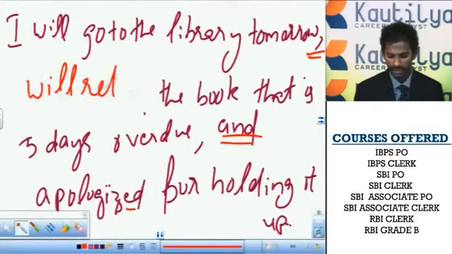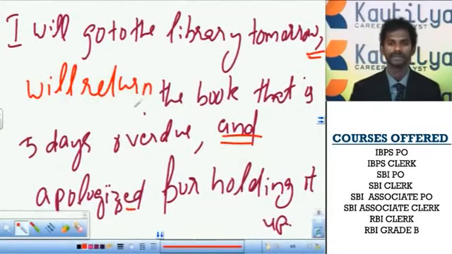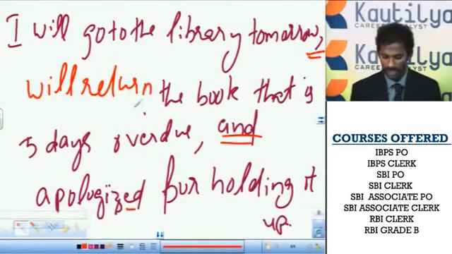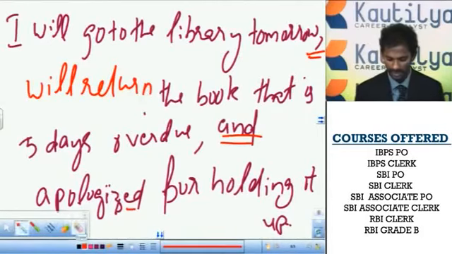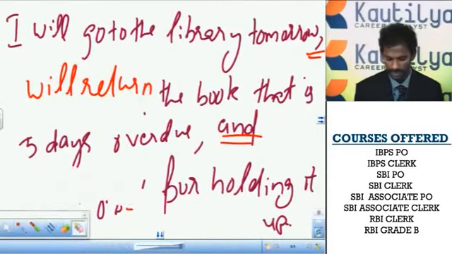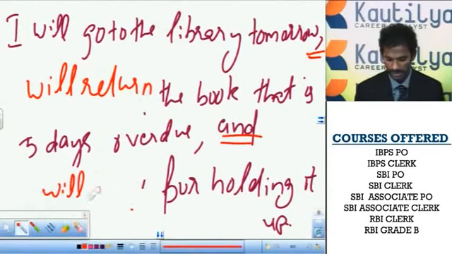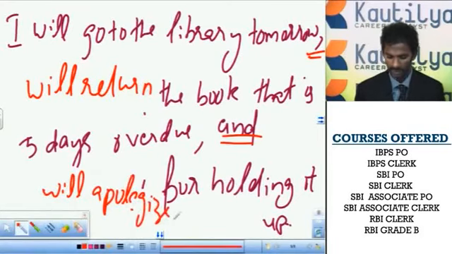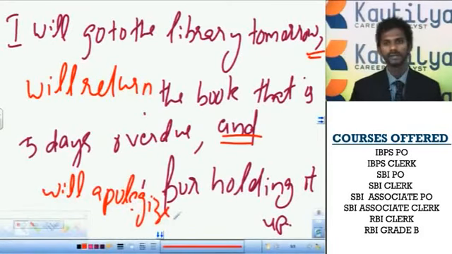Will return the book that is 5 days overdue. It is future tense, that's okay. Leave it there. Will return the book that is 5 days overdue and apologize. We have to change that one too, right? And will apologize for holding it up. That is future, right?